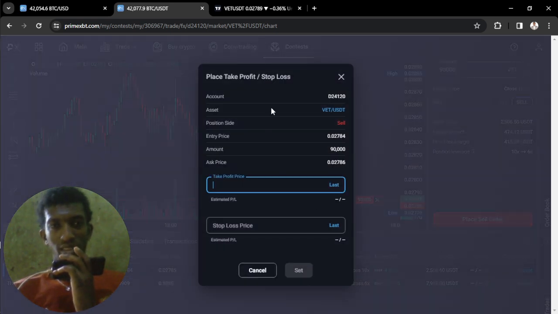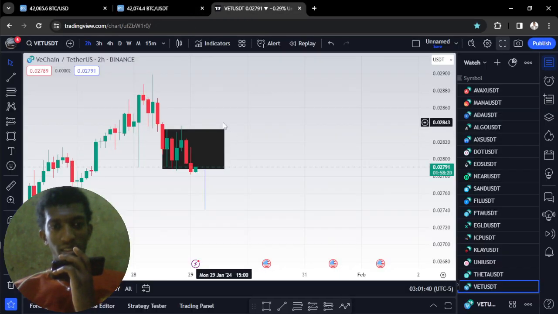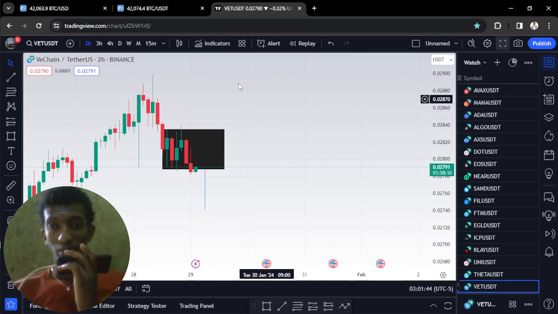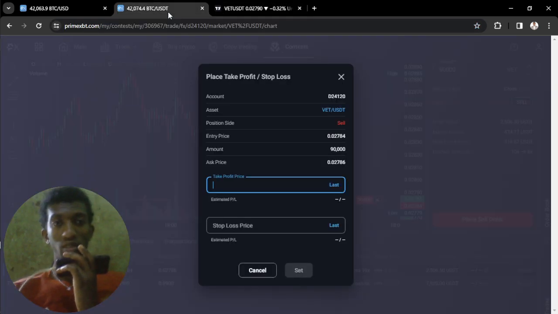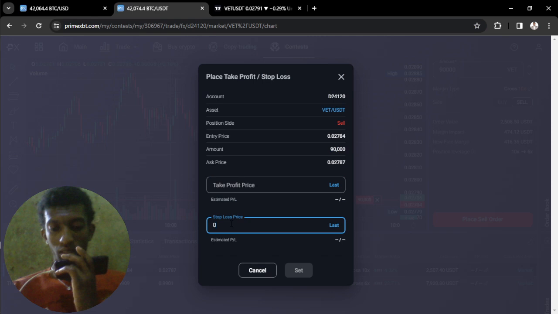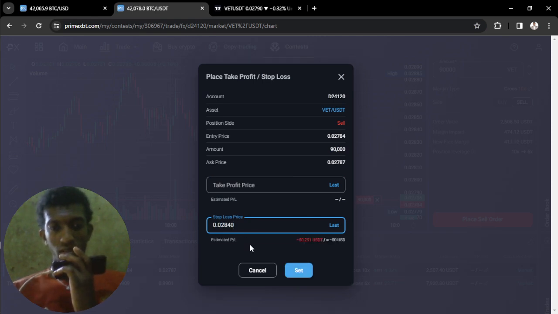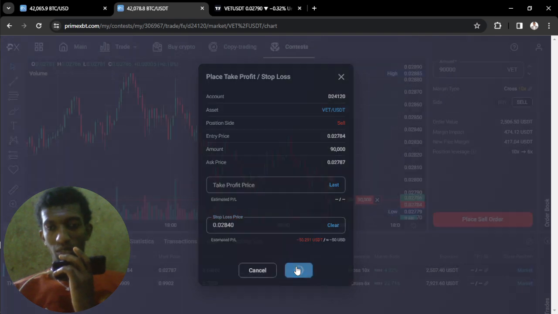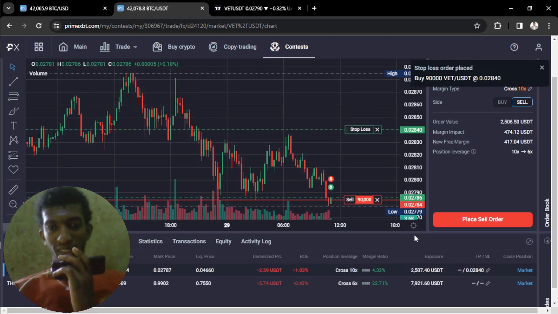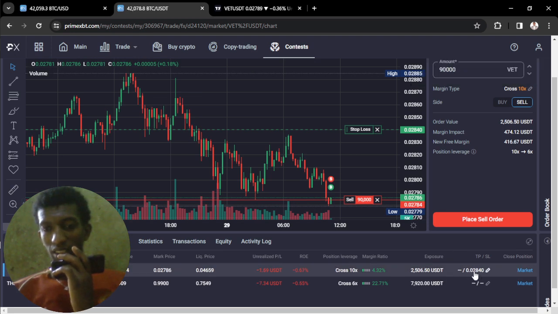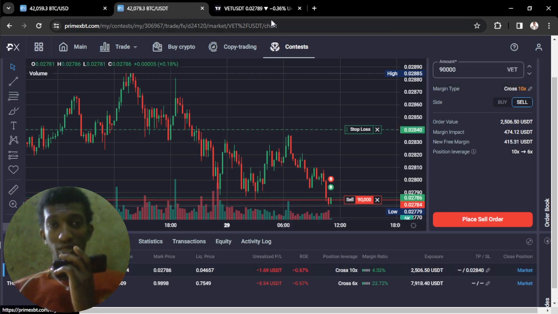So what was the TP? I mean, 0.0840, right? It is not a lot of money. But the other thing is that stop loss.